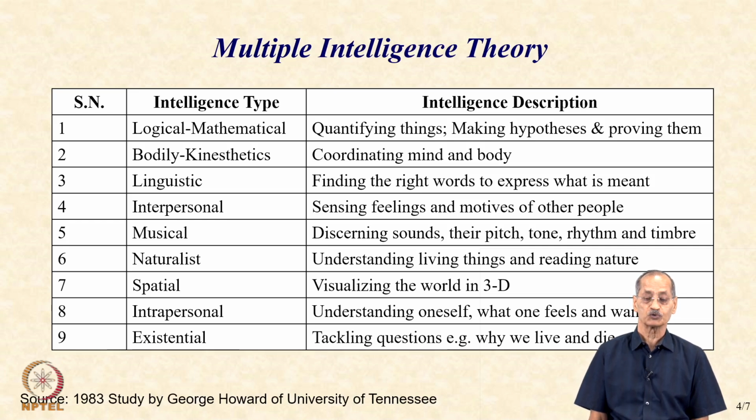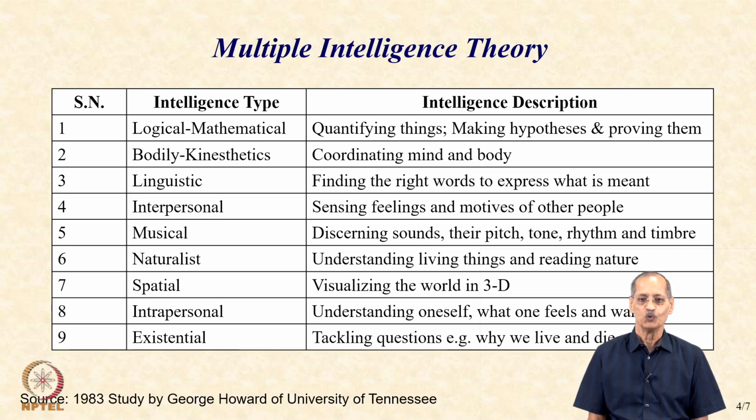All those activities that people are doing fall under the basic intelligence of logical mathematical. The people who are able to coordinate mind and body, all the sportspersons, athletes, where the mind and body are coordinated, it is termed bodily kinesthetic.